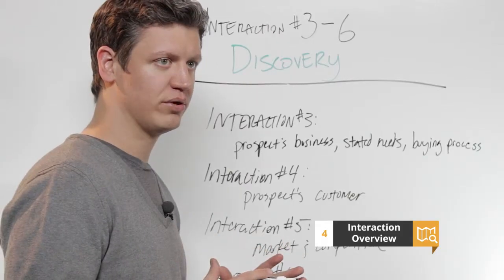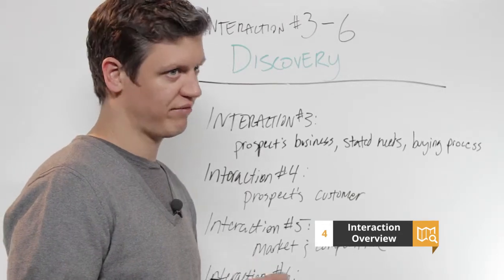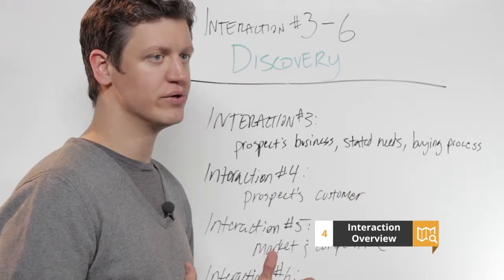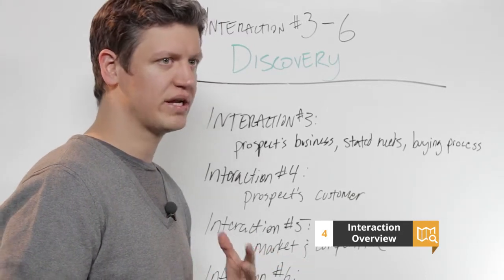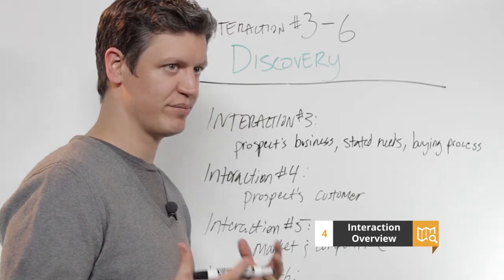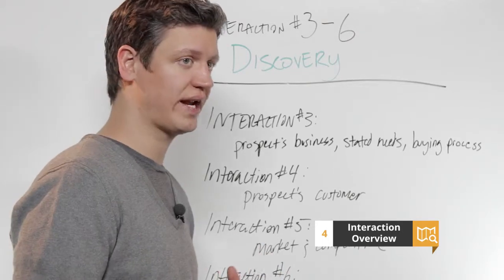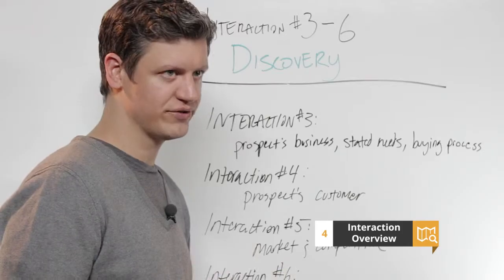So I'll give you a quick example of what an interaction number 6 might look like. I had a customer once that was a manufacturing customer, and while I always try to look at potential SEO opportunities for driving more traffic to a site, it appeared as I got into research that a lot of people weren't really searching for this kind of business. And once we started to talk to the customers about strategies and tactics that worked for them, a big thing that had helped them in the past was attending conferences.